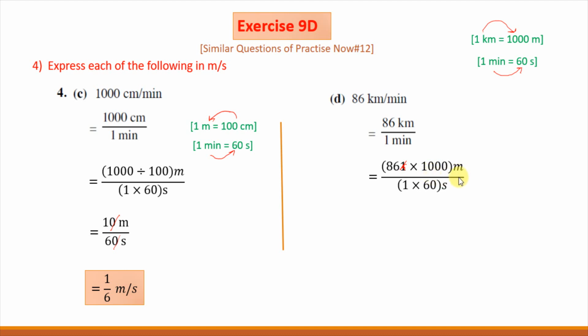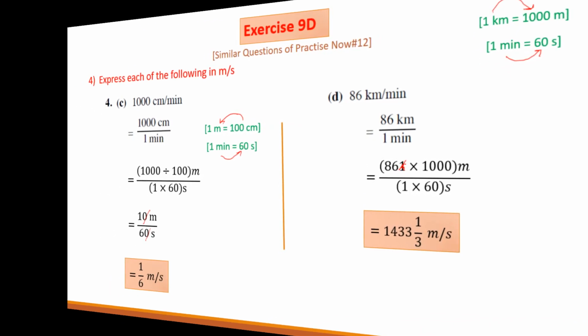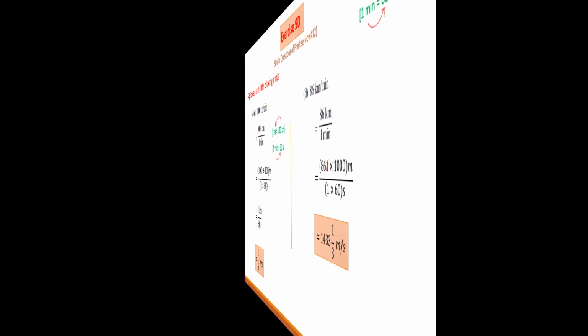Now the answer will be in meters, and 1 multiply 60, the answer will be in seconds. So when you simplify it after division, the answer will be 1433 whole 1 by 3 meter per second. So that is the answer of part D of question number 4.